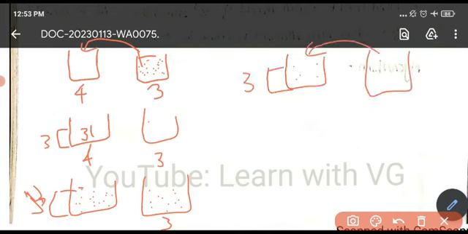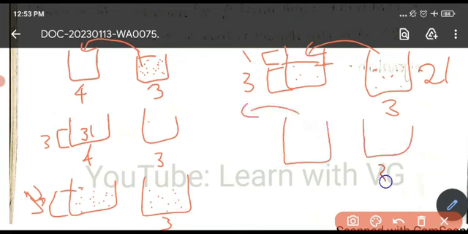So there is only 1 liter of space in this jug, and you can fill only 1 liter. So when you pour it, 1 liter will go here and the remaining will be 2 liters. I hope this is clear. Now I will pour the 4 liter out. I have only 2 liters of water in this 3 liter jug, and I will use this to fill the 4 liter jug with 2 liters of water.